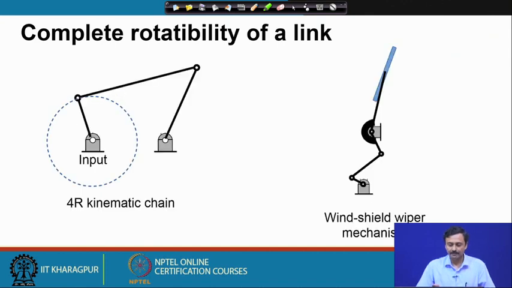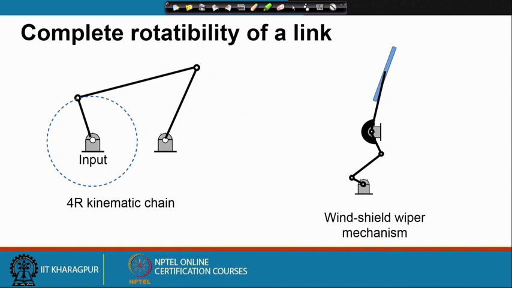So, here I have an example. On the left I have shown a 4R kinematic chain in which the input can rotate completely, or should be able to rotate completely.